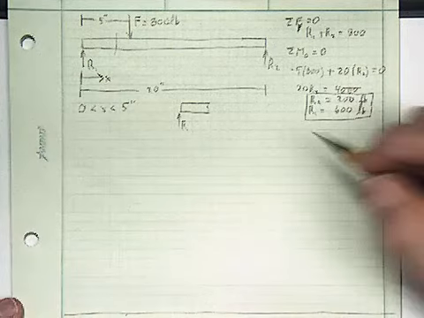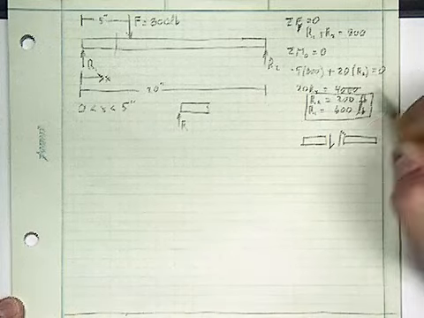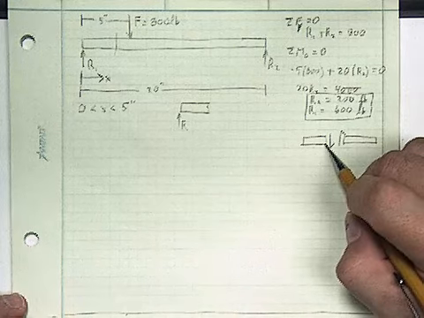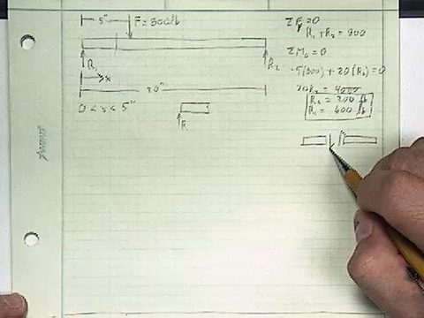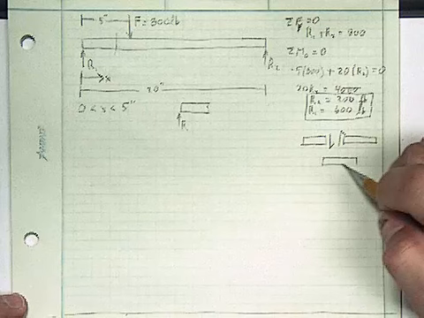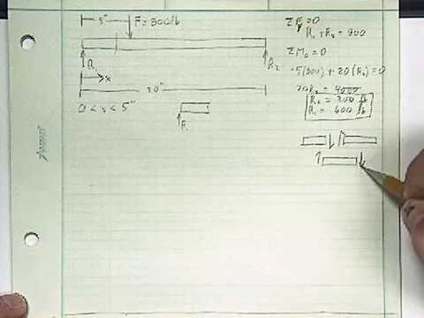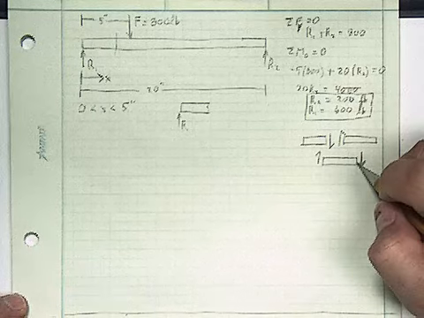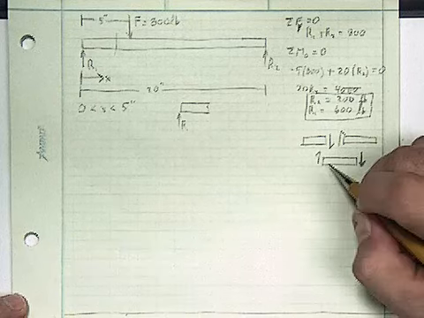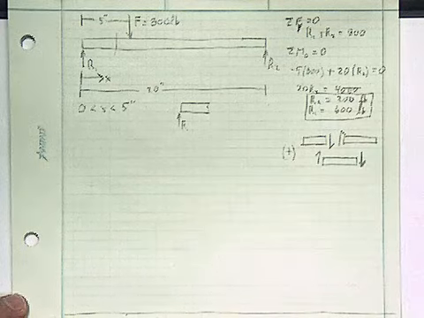The way we can draw that is if I have a beam, it's got equal and opposite forces inside, and if it's on the right side of the break and pointing down, that's considered positive shear. On the other hand, if we're looking at the other side, the directions are still the same. So again, if I'm on the right hand side and pointing down, that's considered positive. If I'm on the left hand side and pointing up, that's considered positive. So this is the positive sign convention for shear.